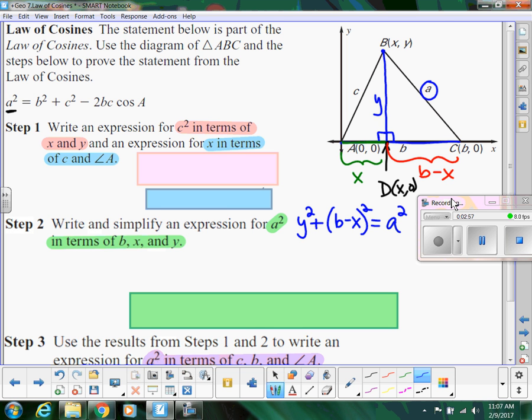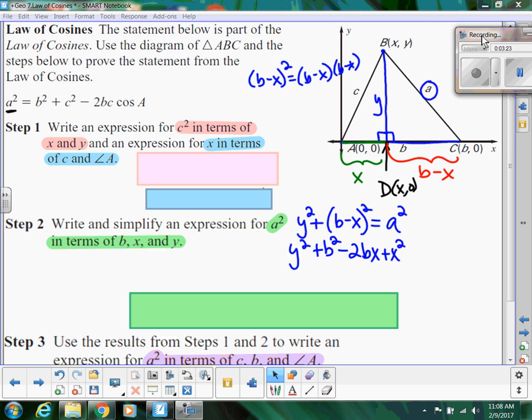If I do that, I have to FOIL this out. This is not b squared minus x squared. Remember, (b minus x) squared is equal to (b minus x) times (b minus x). That gives me b squared minus 2bx plus x squared. If you FOIL that out, that's what you get. And all of that is equal to a squared.